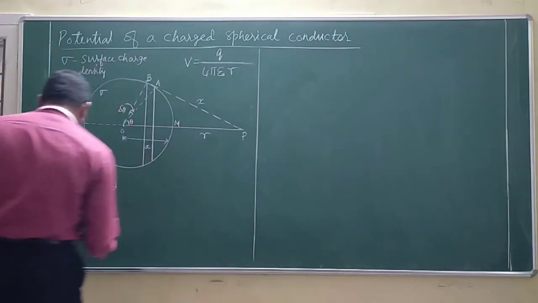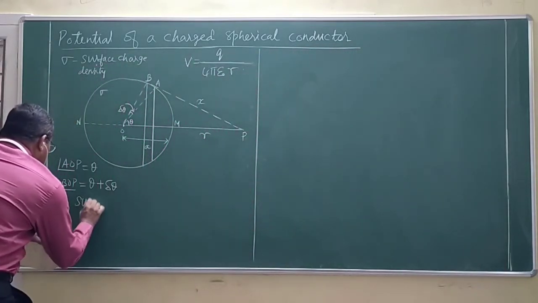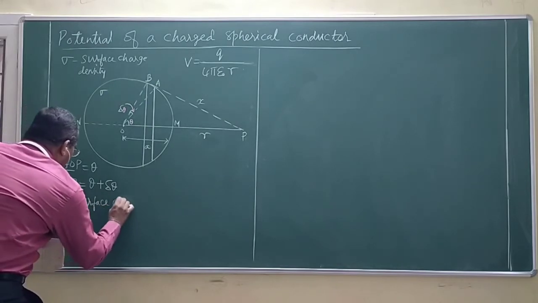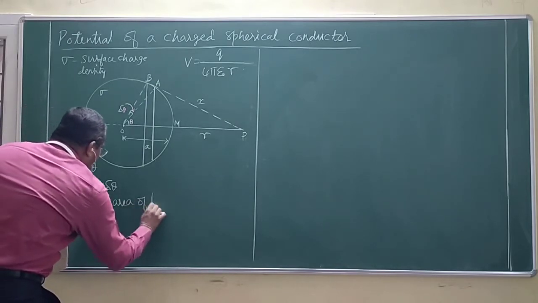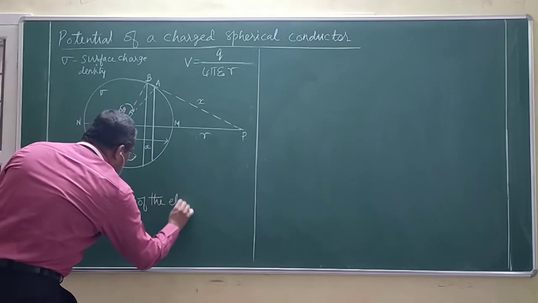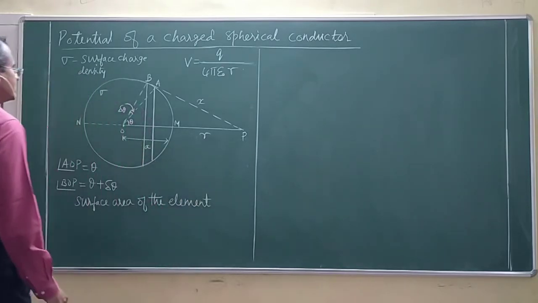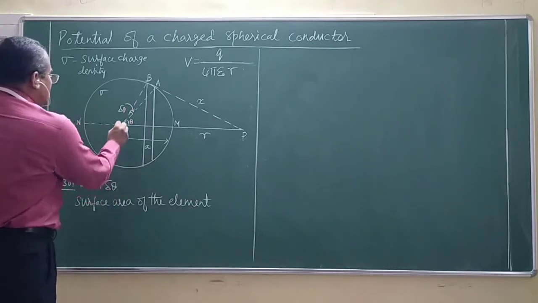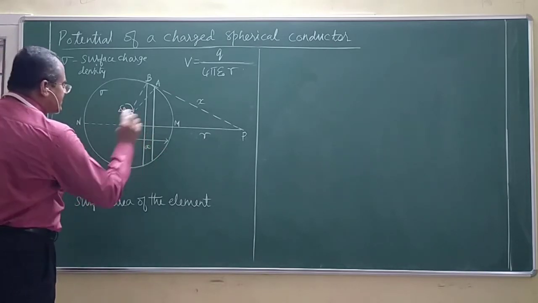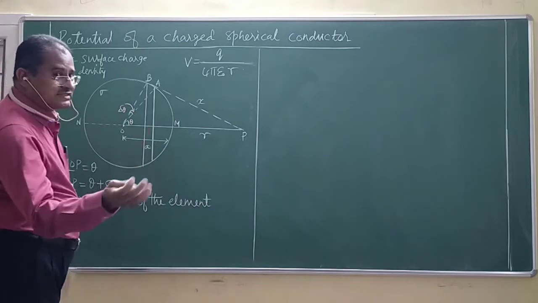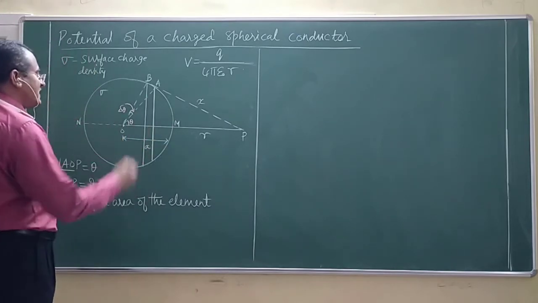Therefore, I write surface area of the element. Is that okay to you? Now, the radius of the sphere is A. The radius of the element will certainly not be A, it will be something else.